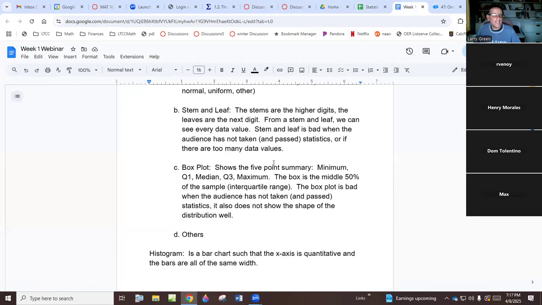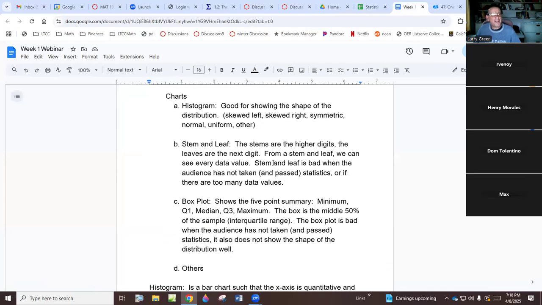Okay, let's go. And there are a bunch of others. I'm only doing these 3 for now. There's also a scatter plot. We'll do that much later at the end of this course, by the way. It's chapter 12, almost the end. So we'll do scatter plots. Then there is pie charts.